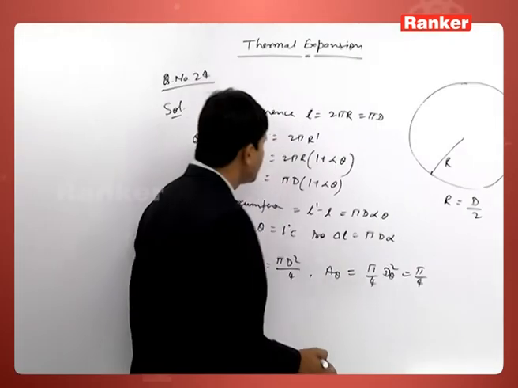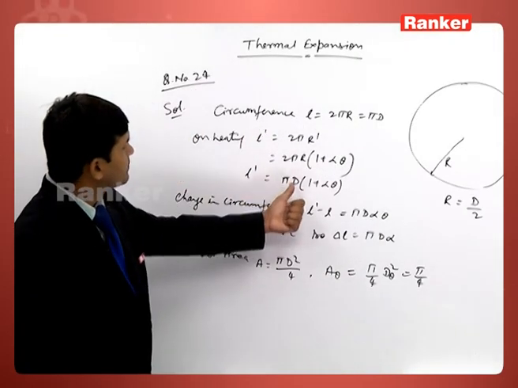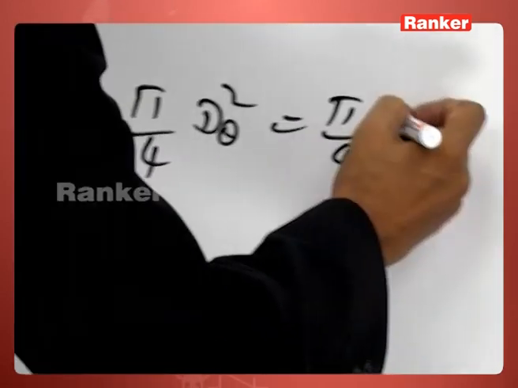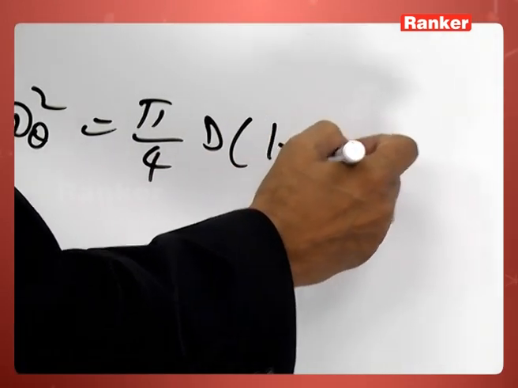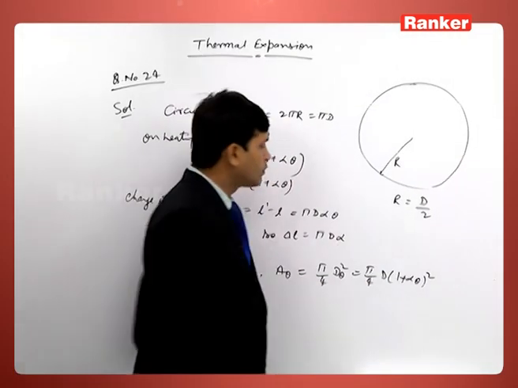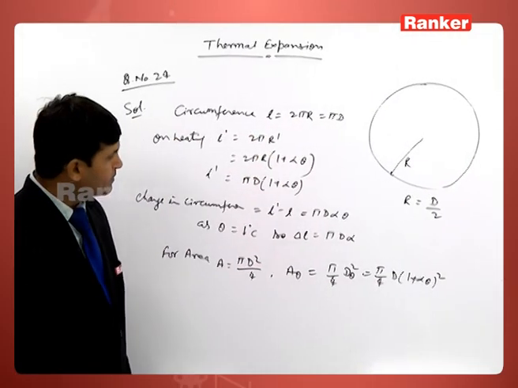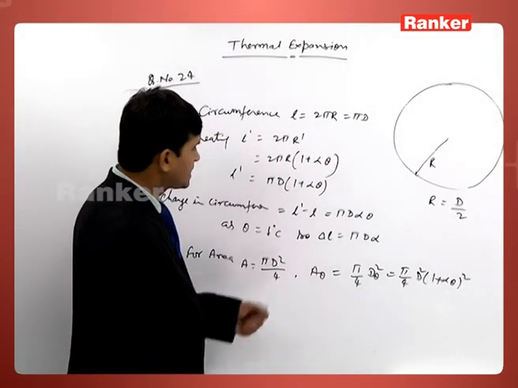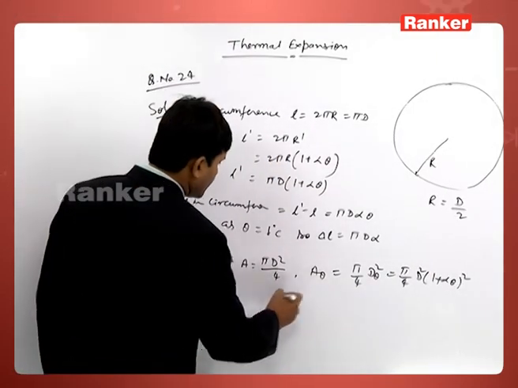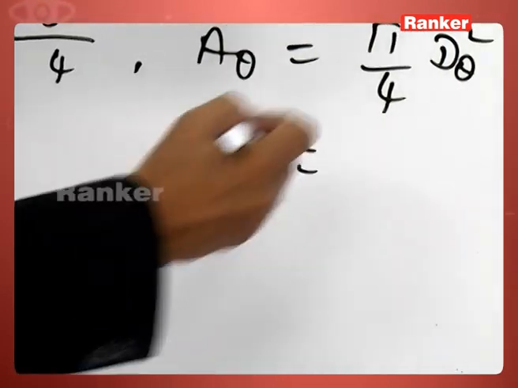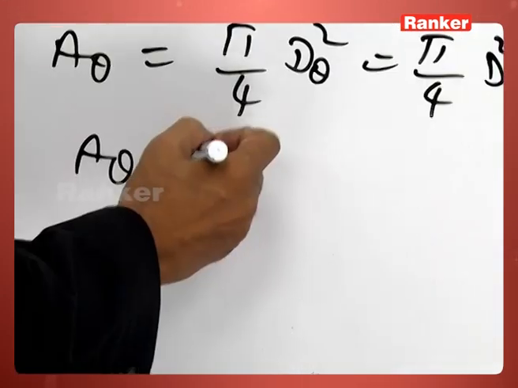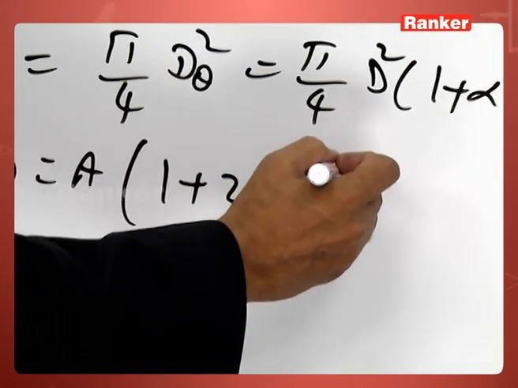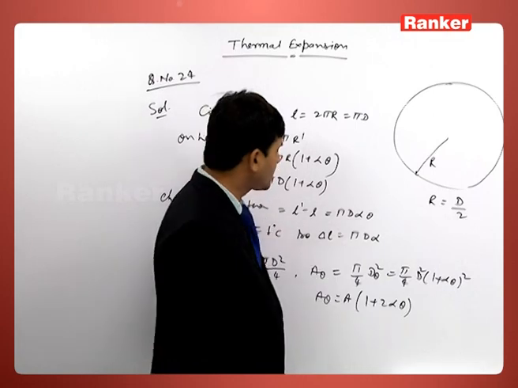The d theta value we can get from here: d theta is d into 1 plus alpha theta, whole square. So pi by 4 d square is the initial area. So A theta is equal to A into 1 plus 2 alpha theta, because by binomial expansion, alpha is very, very small.